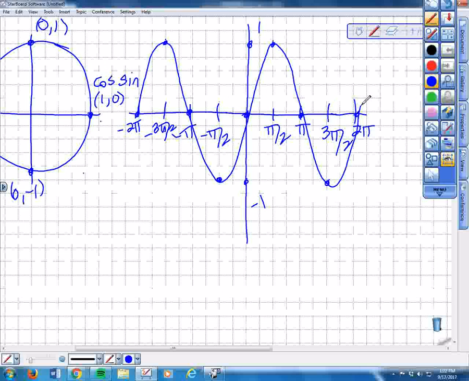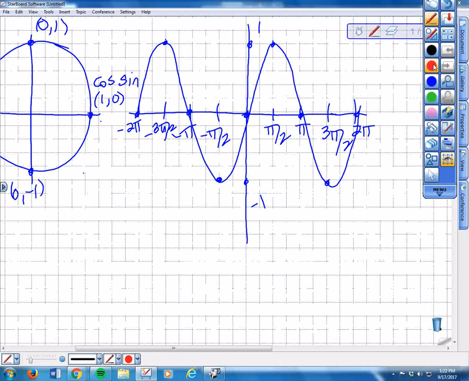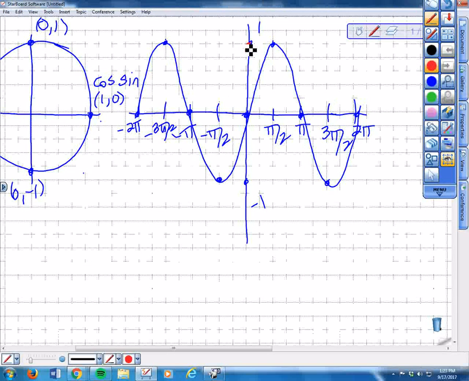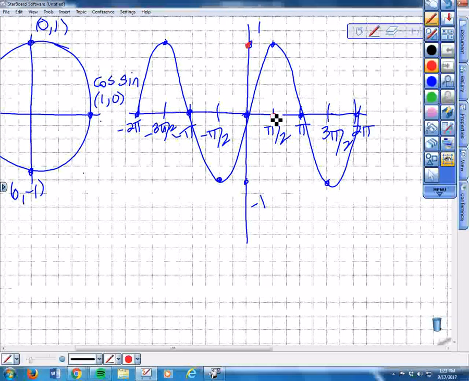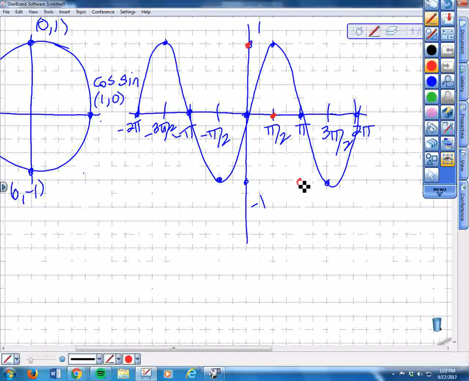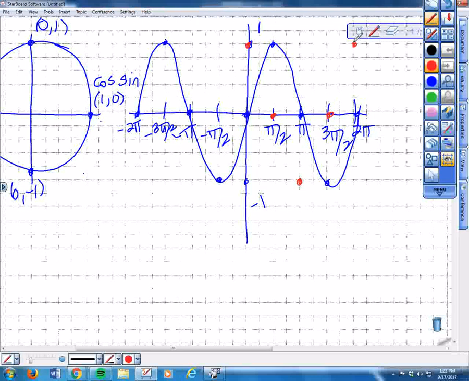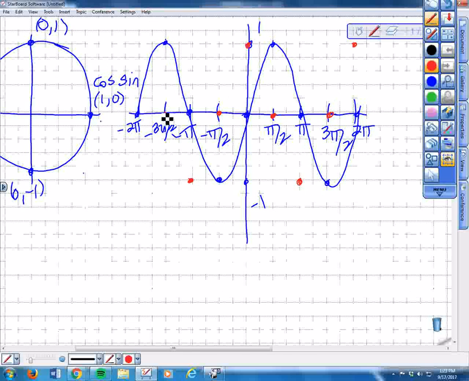Okay, cosine, if I do it in red, is similar. Cosine of 0 is actually 1. And cosine of pi over 2 is 0. And then we are at negative 1, 0, and 1. And then on this side we are at 0, negative 1, 0, and 1.